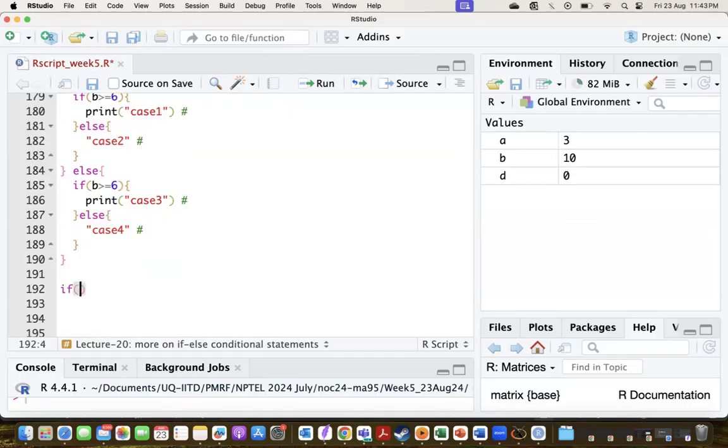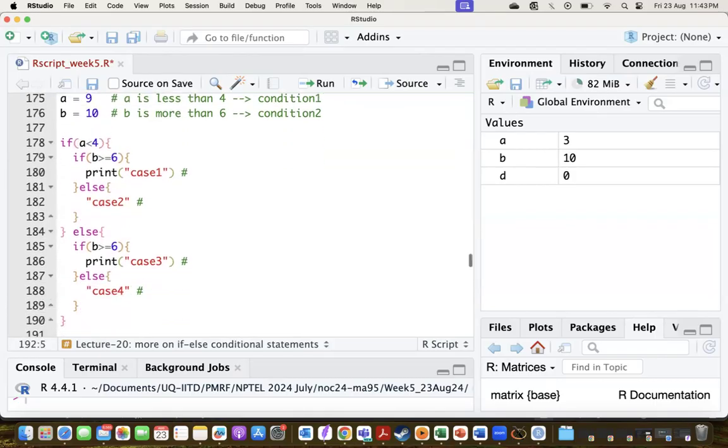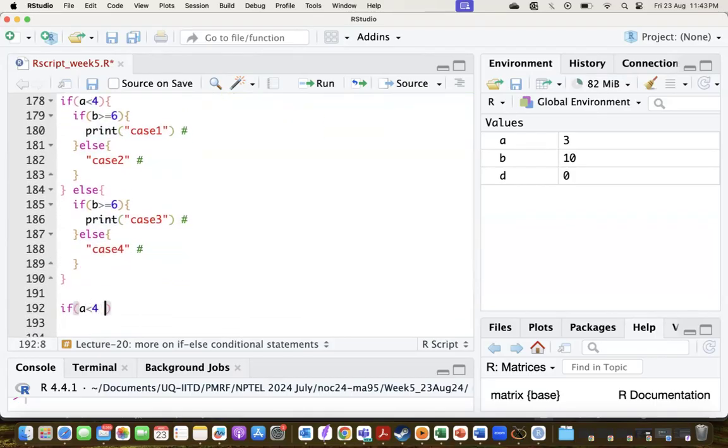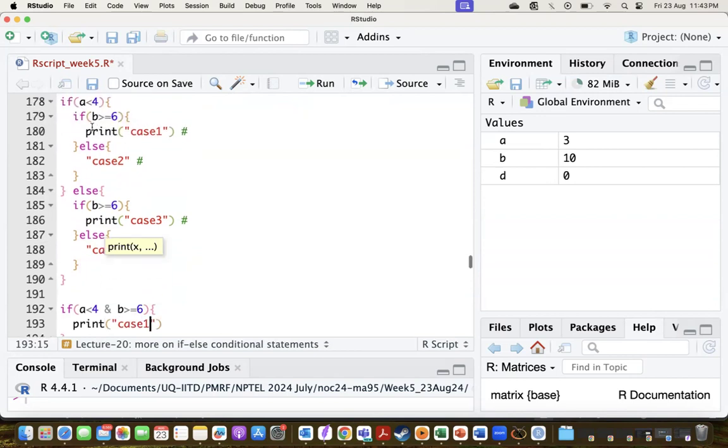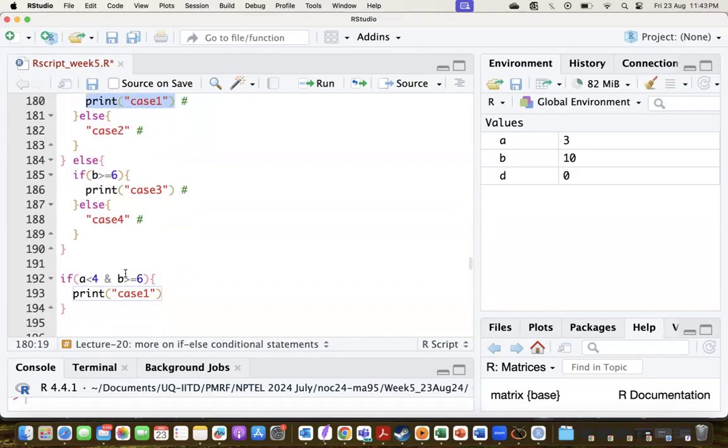So if I write if A less than 4 and B greater than equal to 6, let's say that's the first case. So we'll just write print case 1, right? It's the same thing, A less than 4 and B greater than equal to 6.